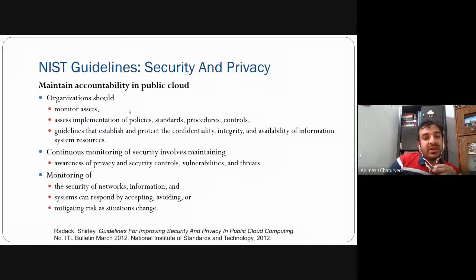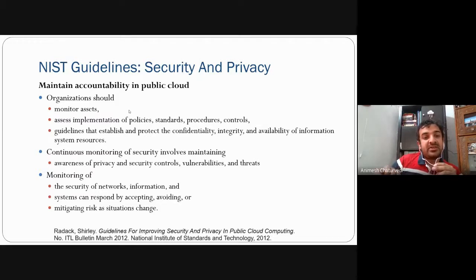Then what is monitoring? Monitoring of security networks has to be done. The network channel has to be secure. The information flow on that network has to be secure. Then the system has to accept some information properly, or it has to avoid the particular threatening information, which has to be monitored.